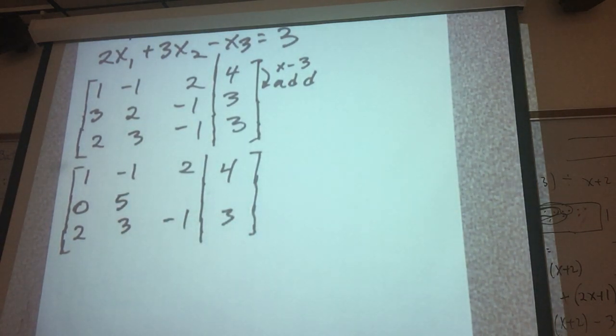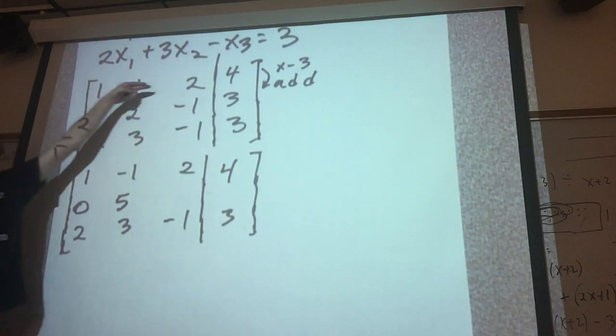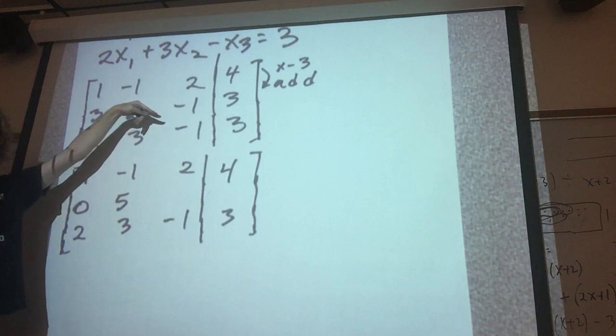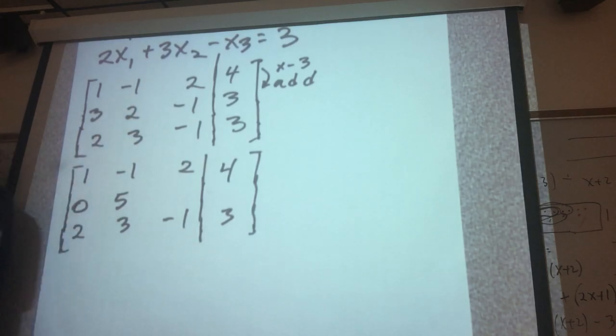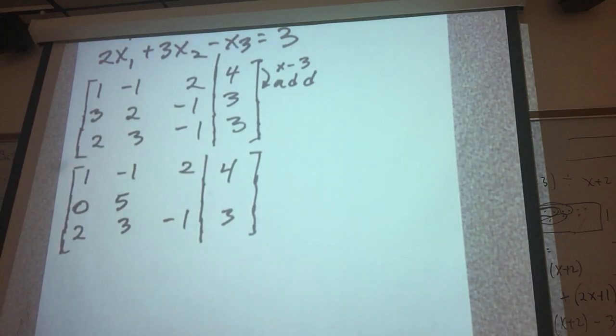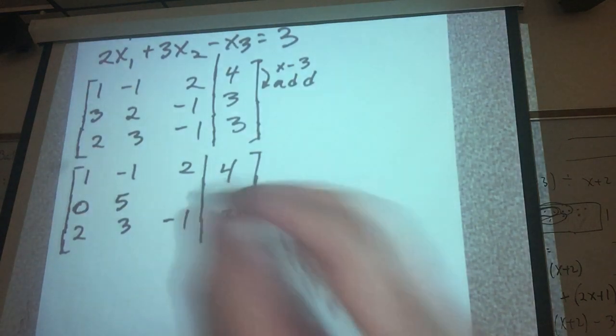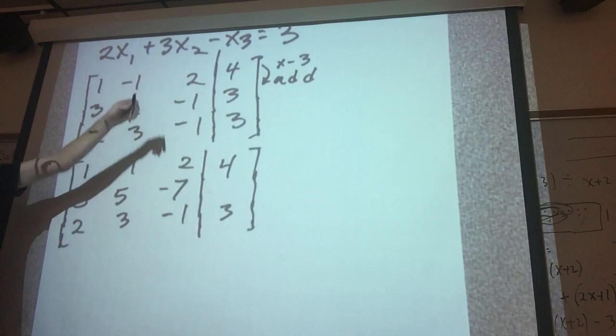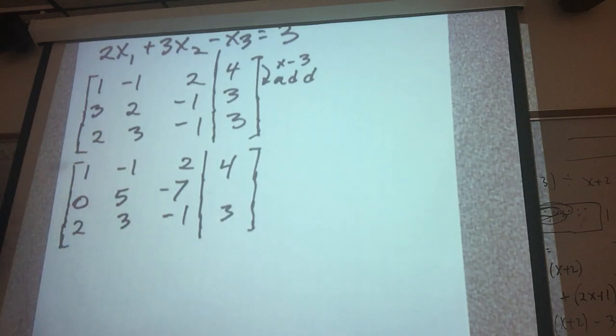Okay, so top row multiplying by -3, so -3 times 2 is a -6. Well, a -6 plus a -1, that's a -7. Now, 4 times -3 is a -12, and then a -12 plus a +3 becomes a -9.